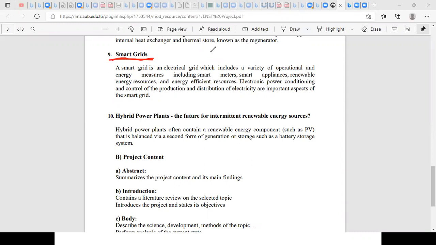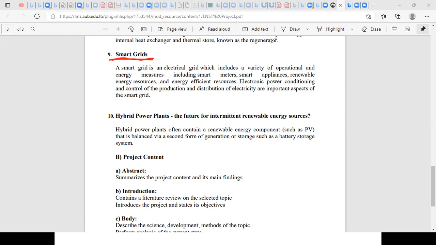You know how much electricity can affect the country's balance. If you just take the example of Lebanon, the electricity problem in Lebanon has caused a lot of economic deficit, and if we can solve it, then we can get rid of a very important problem. So smart grids are a very interesting application that should be implemented in all countries if possible.